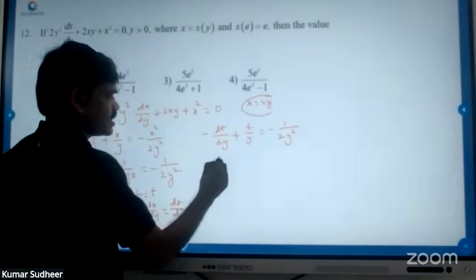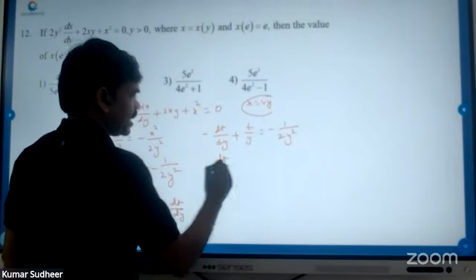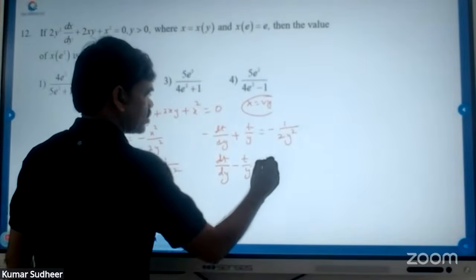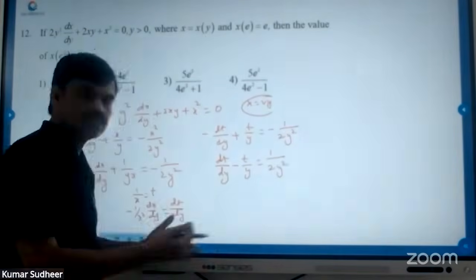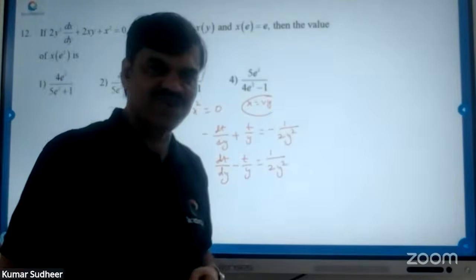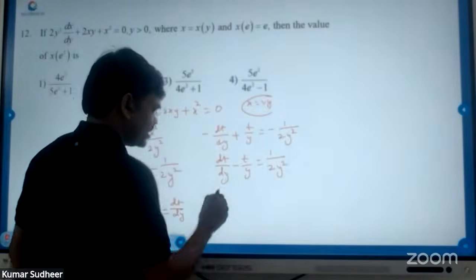Now I can write this as dt by dy minus t by y is equal to 1 by 2, converted into a linear differential equation. So what is the form actually here?